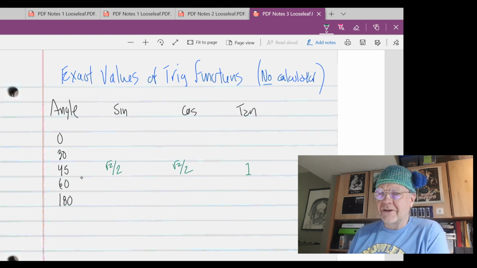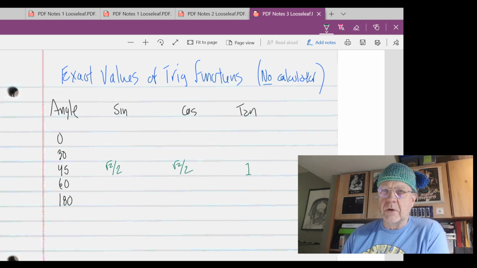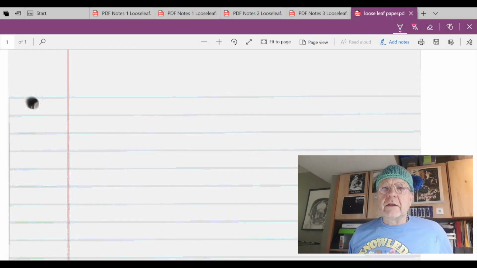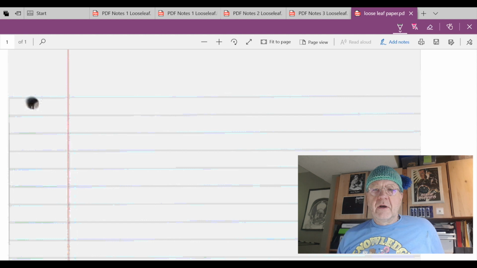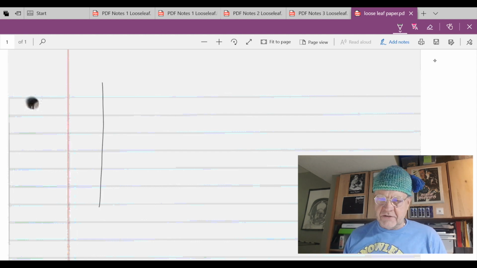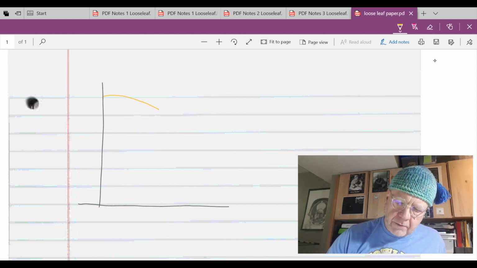It implies that we should be able to figure out all of this stuff without using a calculator. And that, in fact, is where we're headed right now. So let's see if we can figure out sine, cosine, and tangent of 0 degrees, because it's really the next logical thing to do, and sine, cosine, tangent of 180 degrees, because that's also fairly straightforward.